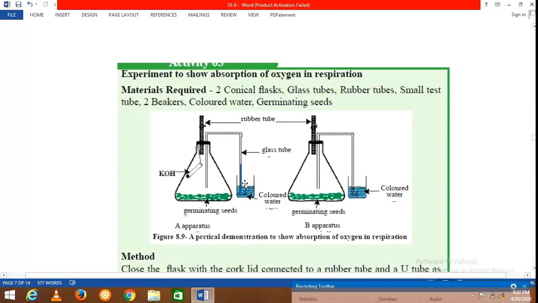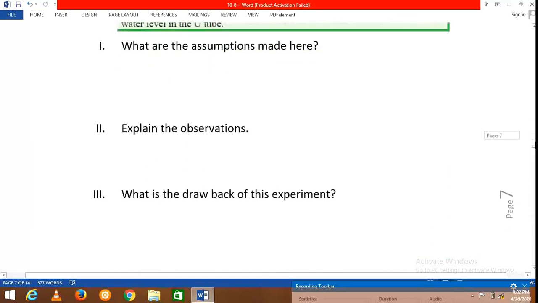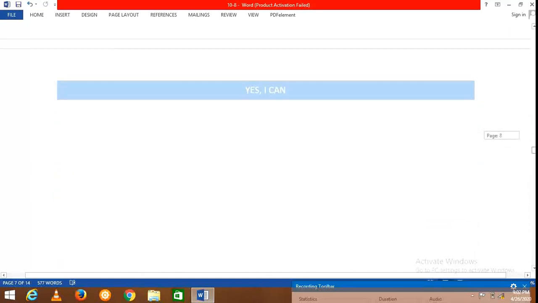So if we consider this height as simple h, then h over 5, so 20% means 1 over 5. Actually we can't prove it like that. So that is the drawback in this experiment, that we can't prove the obtained gas is oxygen. From this activity we can't prove it, but we can design another activity to show that.